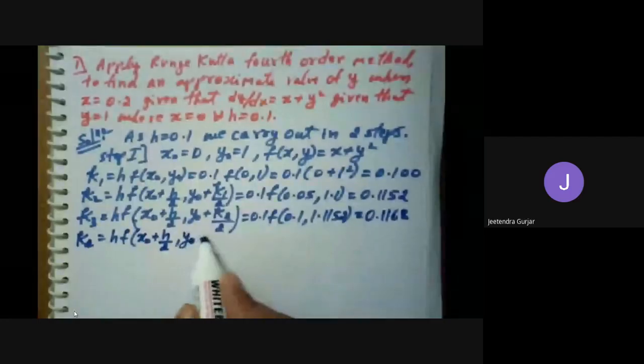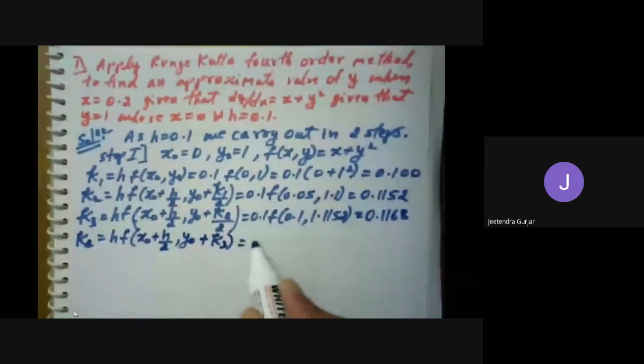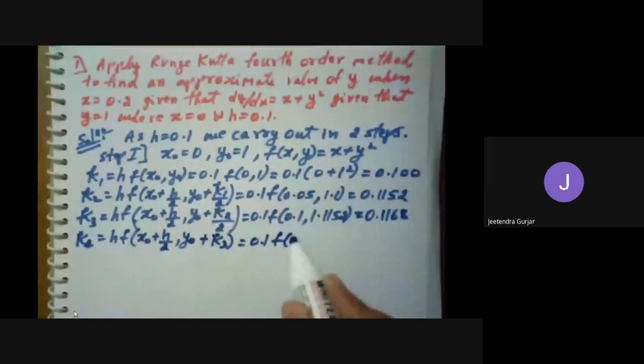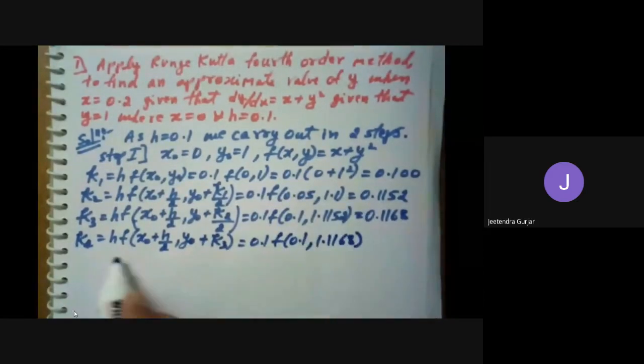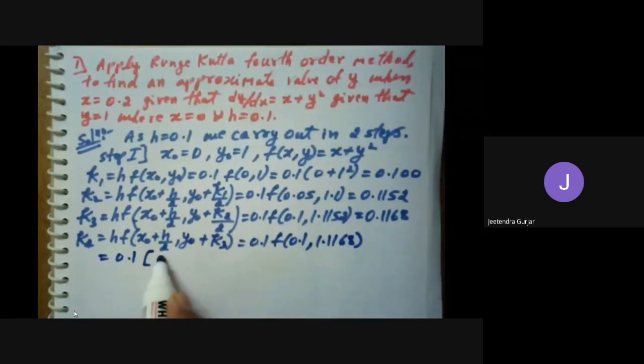So K4 is equal to what we get, actually. Remember this: h f of x naught plus h comma y naught plus k3. So you can just simplify directly, students. It is 0.1 f of 0.1 comma 1.1168.